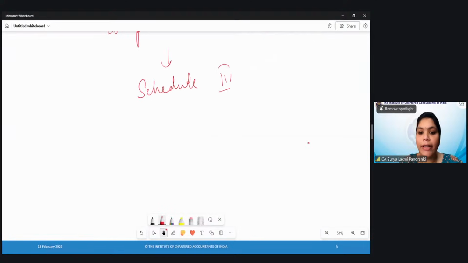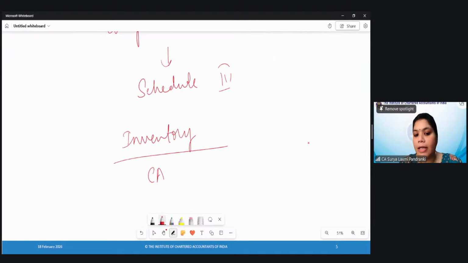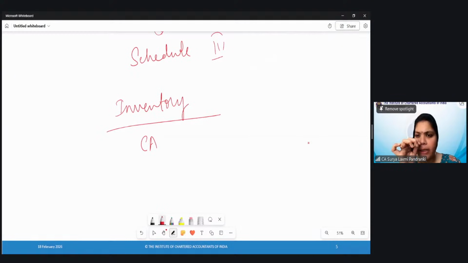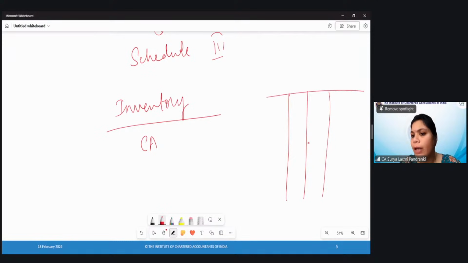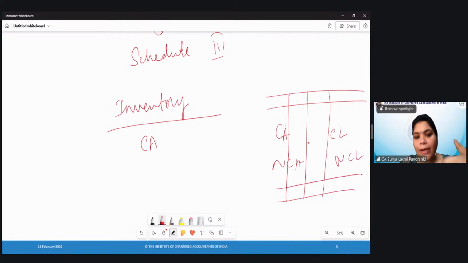This Schedule 3 will tell you that your inventory should be shown in your current assets. It has given you a format of how you have to prepare your financial statements, and how current assets, current liabilities, non-current assets, non-current liabilities, everything have to be shown separately, and what is there in each one of them. Everything is given in your Schedule 3.